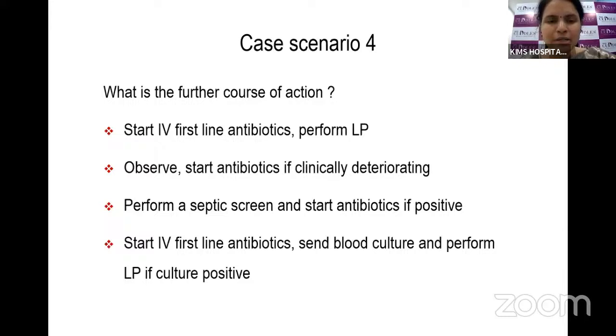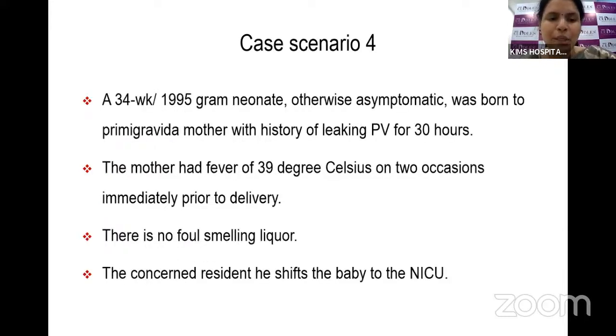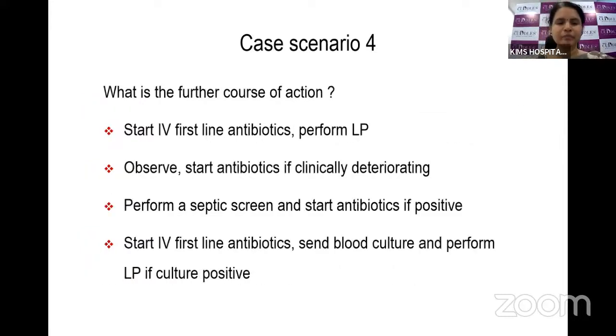So there are multiple risk factors in this baby for early onset neonatal sepsis. These include prematurity, the baby being a 34 weeks baby, and low birth weight, birth weight 1995 grams. The mother has prolonged preterm rupture of membranes as well as history of maternal fever. Now, what would be the further course of action? These are the different steps that are in front of you.